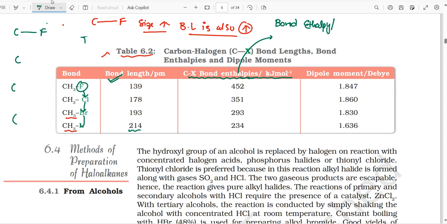Why is IE2 always greater than IE1? This is one of the important 8-mark essay questions. If you know this concept, we can easily answer it. Now let us understand what bond enthalpy means.